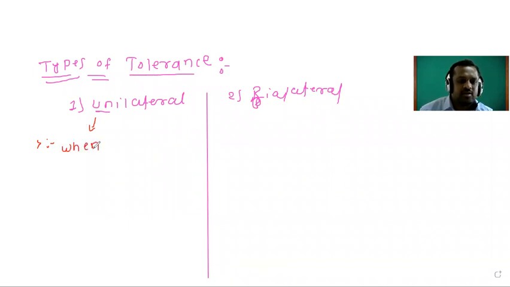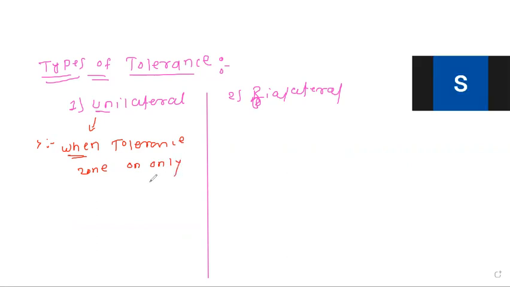Okay. Now see, the unilateral tolerance is nothing but when we are showing the tolerance zone on only one side of the basic size.